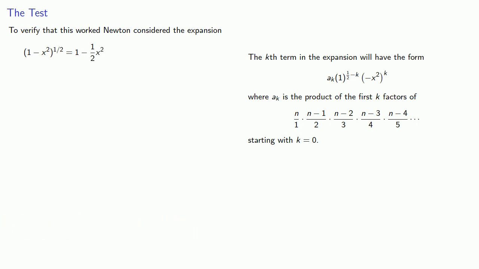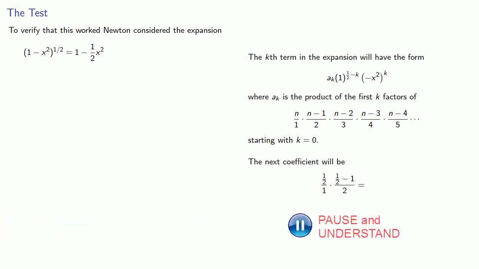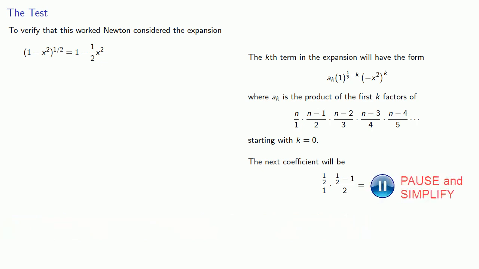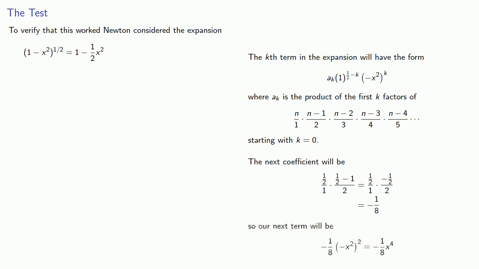So for the next term, the next coefficient will be the product of the first two factors here. Again, n equals 1/2, so that's 1/2 over 1 times 1/2 minus 1 over 2, which is... and so our next term will be minus 1/8 times minus x squared squared, or minus 1/8 x to the 4th.